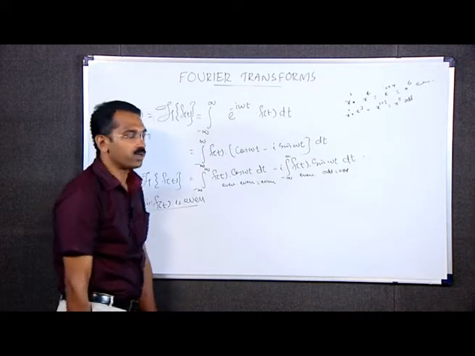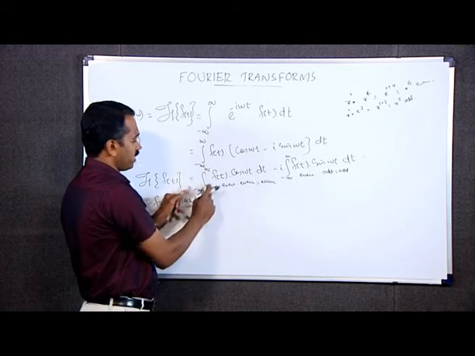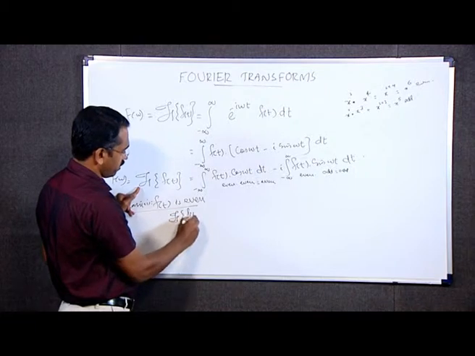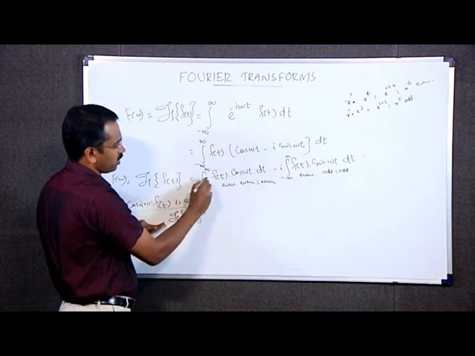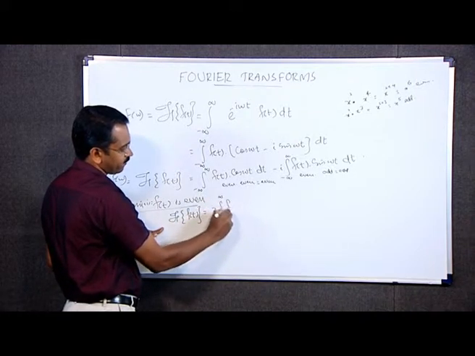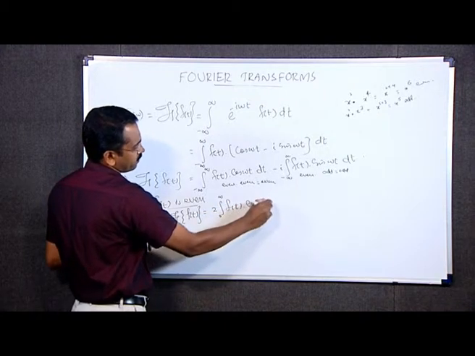Therefore, by the property of definite integral, this integral can be written as Fourier transform of f of t is equal to, here we can write 2 times integral from 0 to infinity f of t into cos omega t dt.